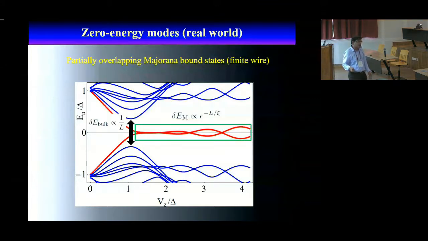This is going to happen when the component Majorana bound states of an Andreev bound state are somewhat physically or spatially separate. This is the typical spectrum that you will find in that case.